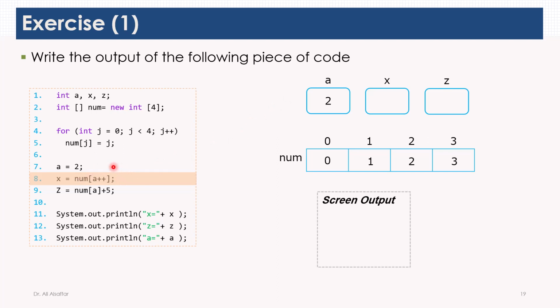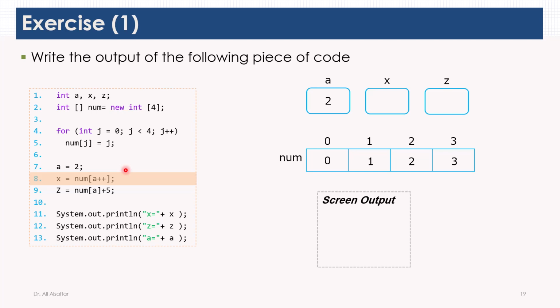So which value of a will be used as an index to the array num? Is it before update, which is equal to 2, the old value, or after update, which is the new value equal to 3? Now, since the operator plus plus is written after the variable a, that means we should use the value of a, and then we should increment a by 1.